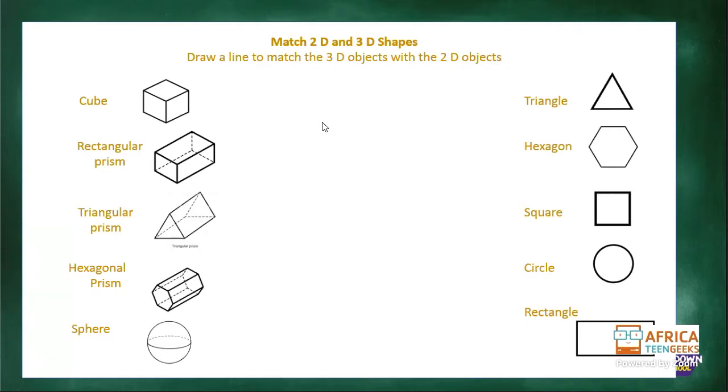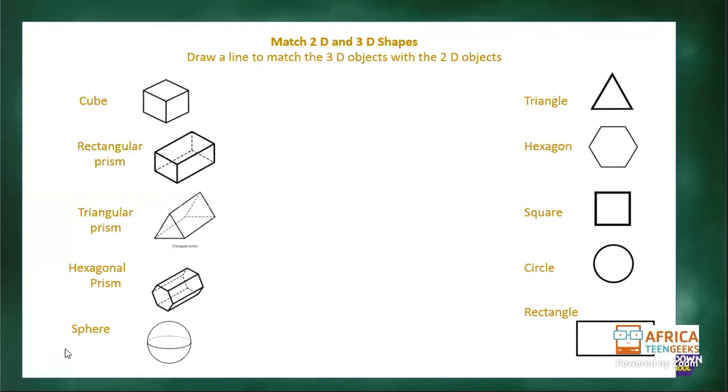The last one, we have a sphere. Shakira says a sphere with a circle. Atlori, Talia, and Letokushe, they all agree, which is correct. All right. So we were able to match cube with a square, rectangular prism with a rectangle, triangular prism with a triangle, hexagonal prism with the hexagon, and a sphere with the circle. Thank you so much.